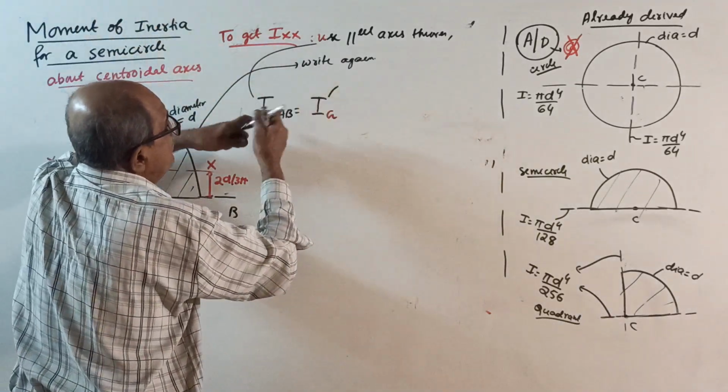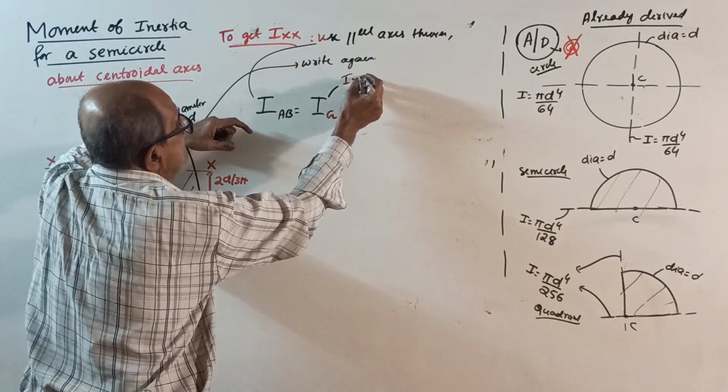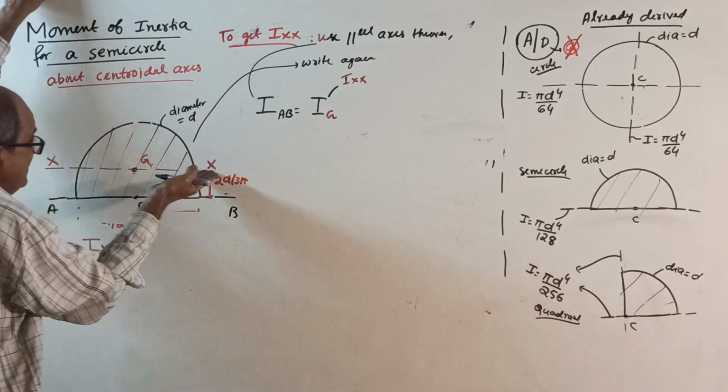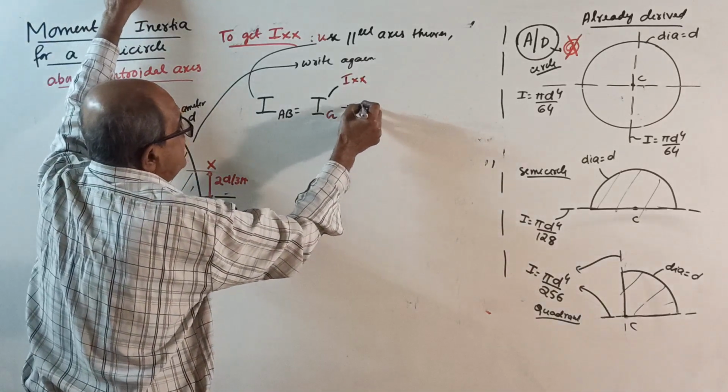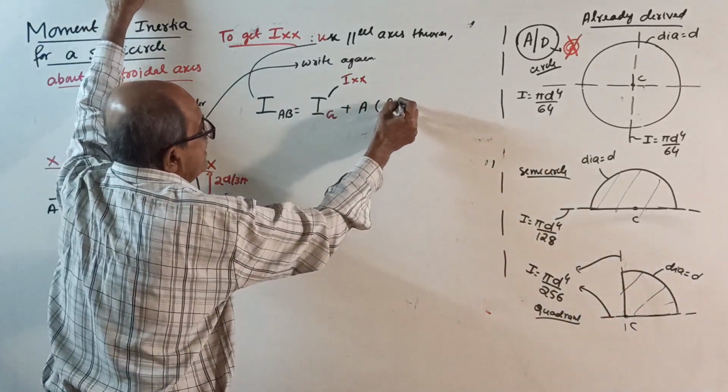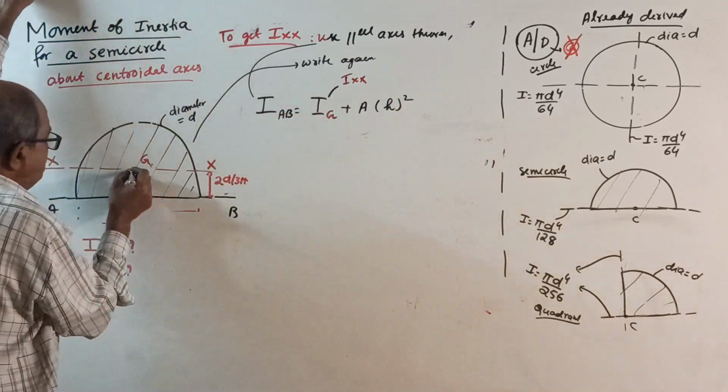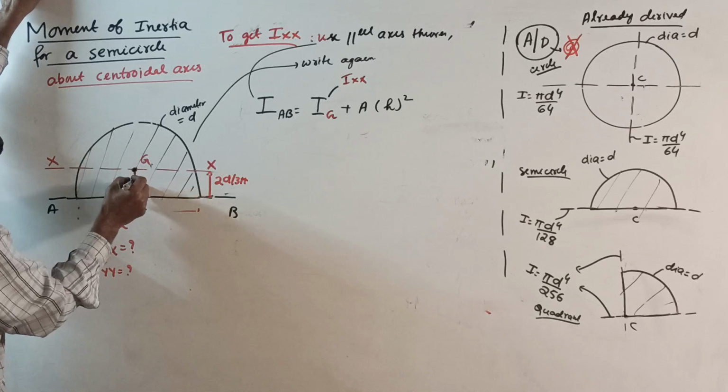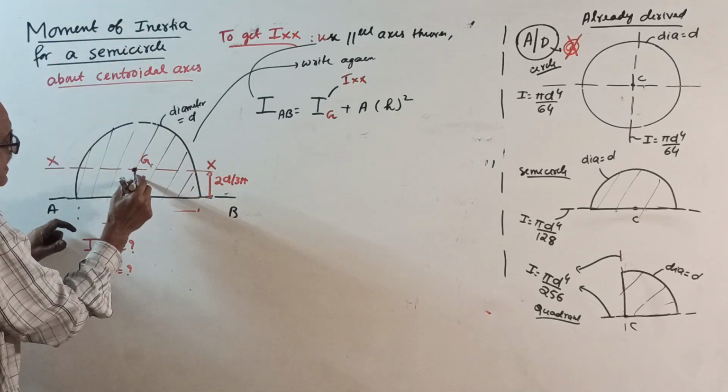IG is nothing but your Ixx, the centroidal axis, plus area into h square. h is the perpendicular distance from the centroid to the required axis, h square.